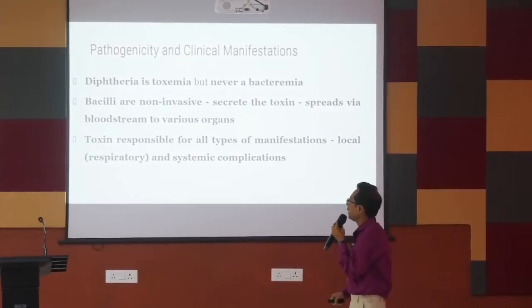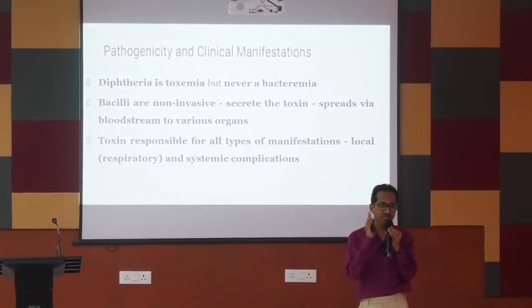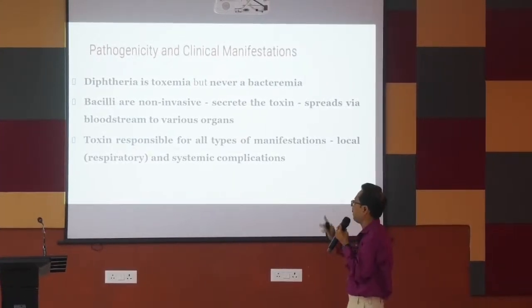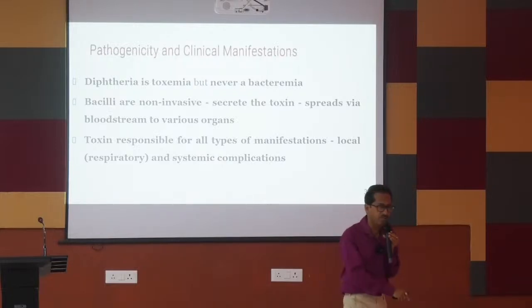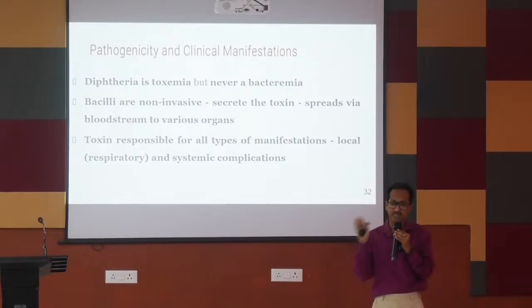Now pathogenicity. What I told initially, again: respiratory diphtheria is due to toxemia only, never a bacteremia. The bacilli are non-invasive; they secrete the toxin, which spreads via the bloodstream to various organs. The toxin is responsible for all types of manifestations, local and systemic. So this is the main point of pathogenesis: it is mainly due to toxemia, not due to bacteremia.